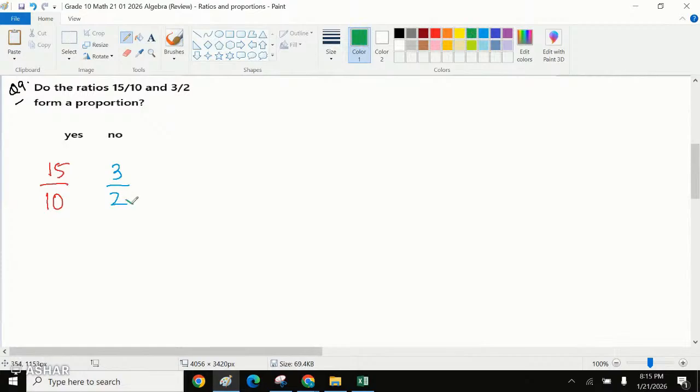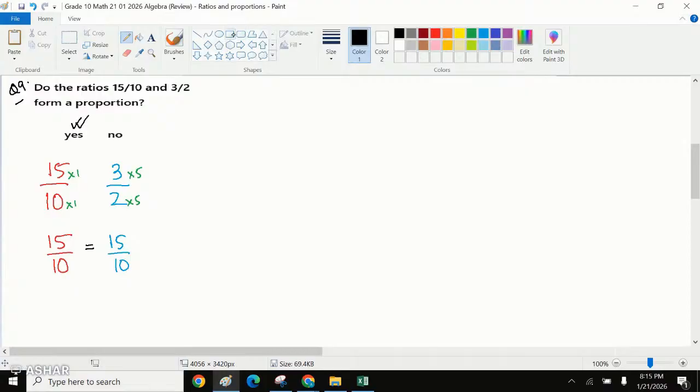We can multiply this denominator by 5, multiply the numerator by 5, multiply by 1, and we multiply by 1. So we can write this as 15 upon 10 and 15 upon 10, right? So we say, yes, they do have a proportion, right?